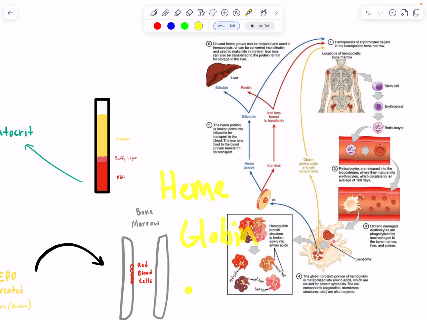So the globin part is basically just recycled into amino acids, and it goes back into the process of making more red blood cells. And then the heme part is made up of a couple different things. So heme is made up of heme groups, and then also iron ions, this big iron ion in the middle.